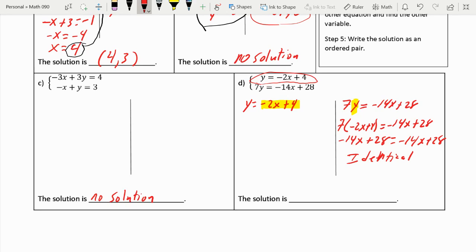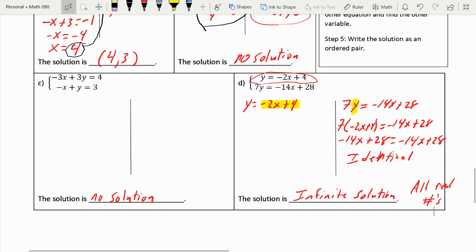When the sides are identical, we would say the solution is infinite solutions, or sometimes you'll hear math teachers refer to this as all real numbers.